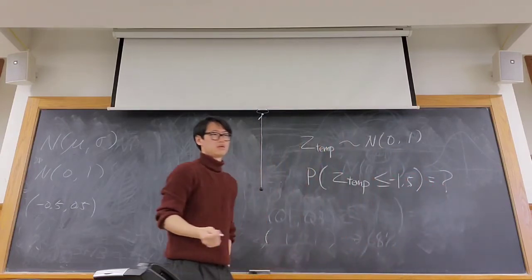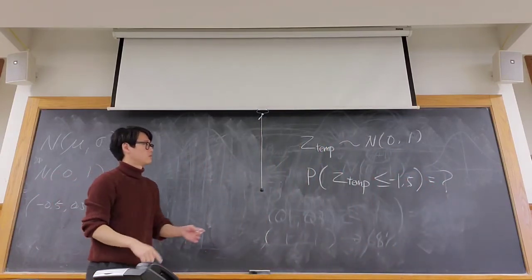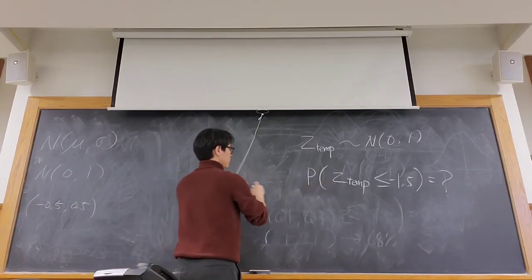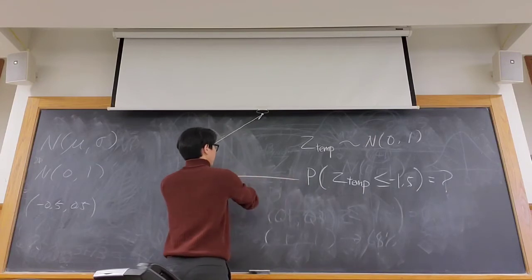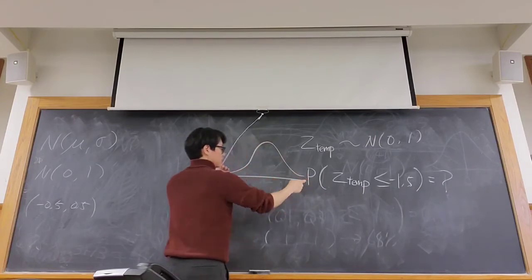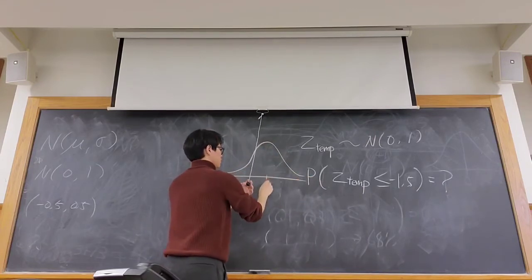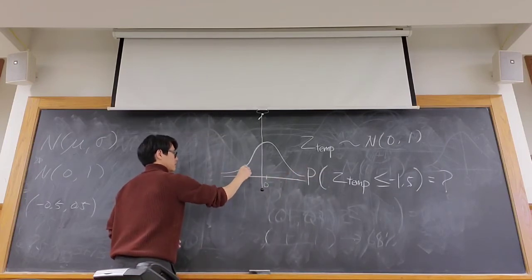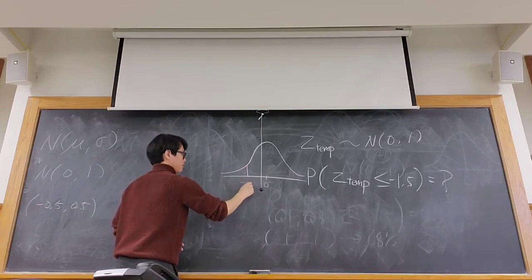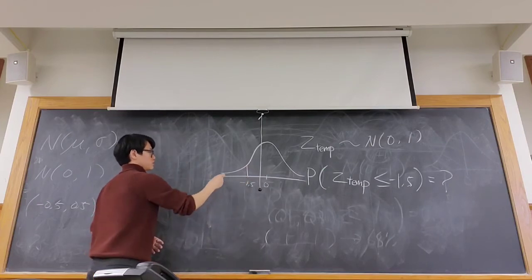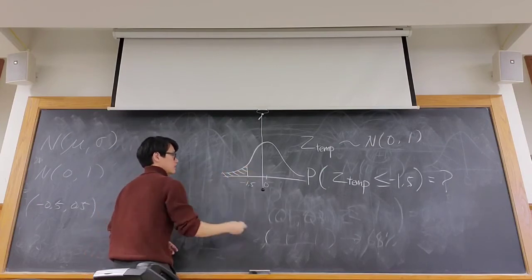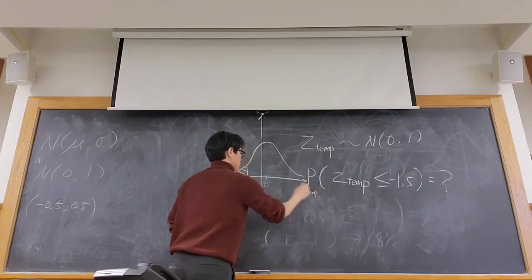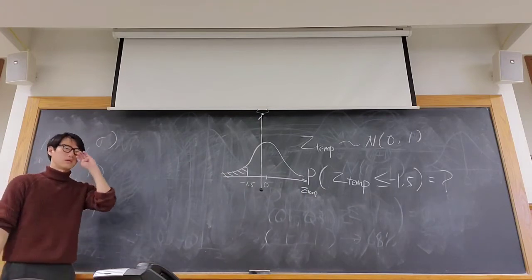Okay? And to calculate this one, maybe if you draw the picture of the situation, we have a standard normal distribution, which is centered at 0, and then we want to find the probability or proportion corresponding to this area, right? This one, right? Okay.